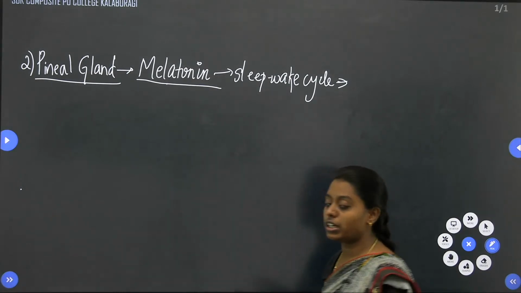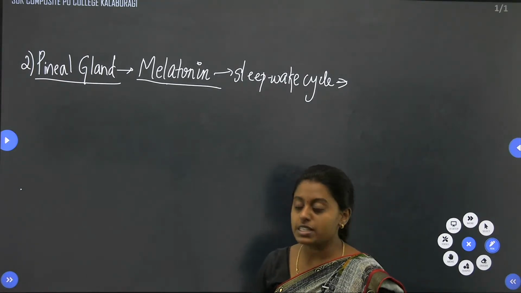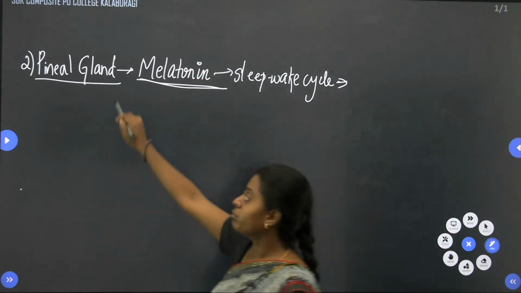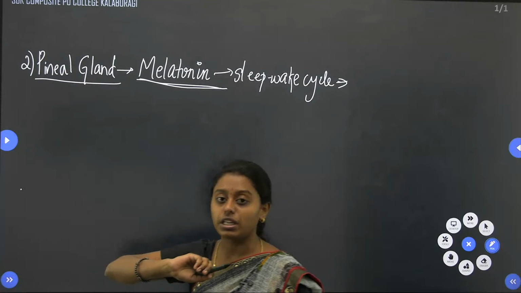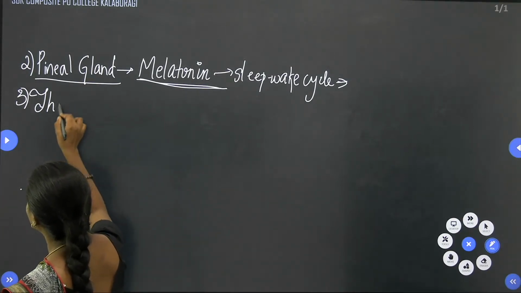All can be well regulated every 24 hours by secretion of the hormone called melatonin by the endocrine gland called pineal gland. Next one is thyroid gland.